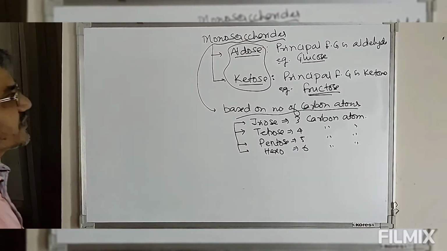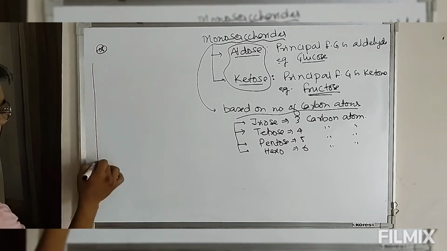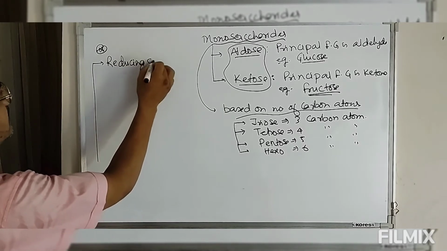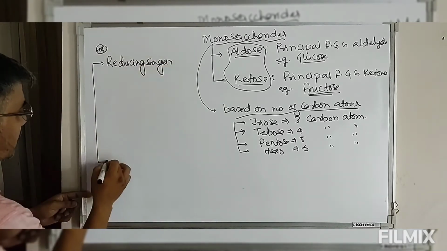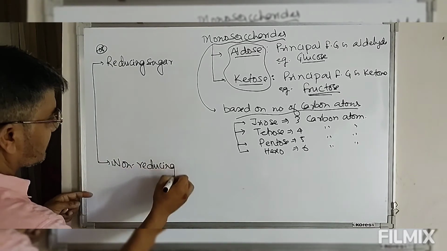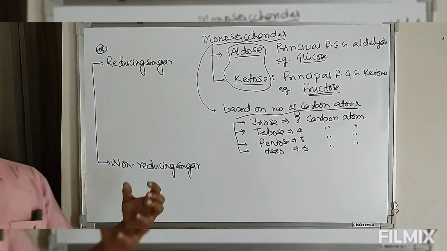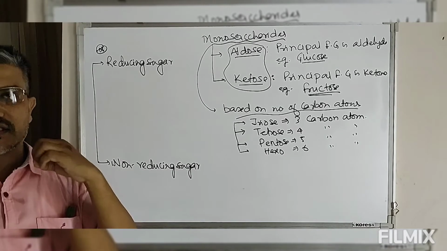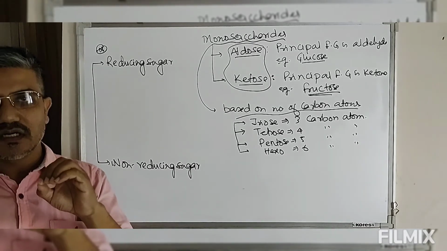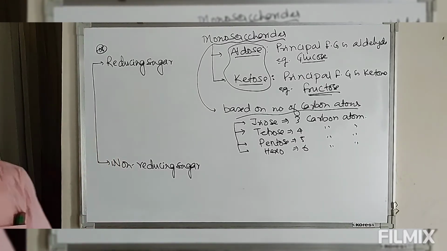So the next classification is reducing and non-reducing sugar. This classification of saccharides into reducing and non-reducing is based on their chemical reactivity with Tollens reagent, Benedict solution or the Fehling solution.